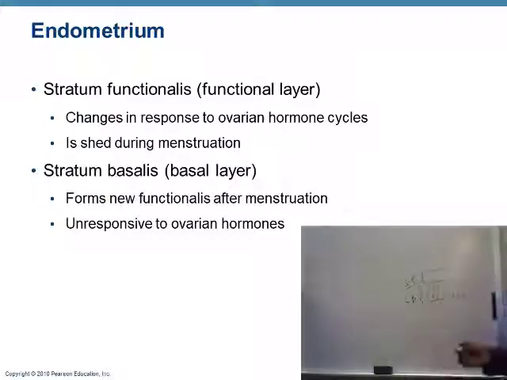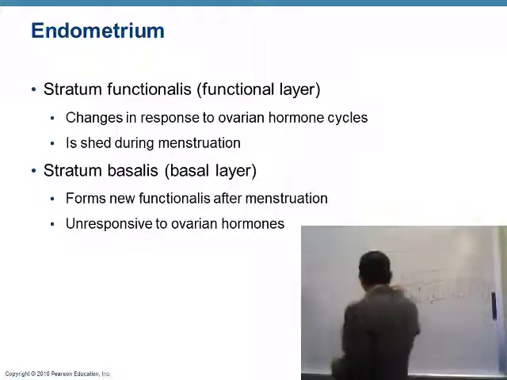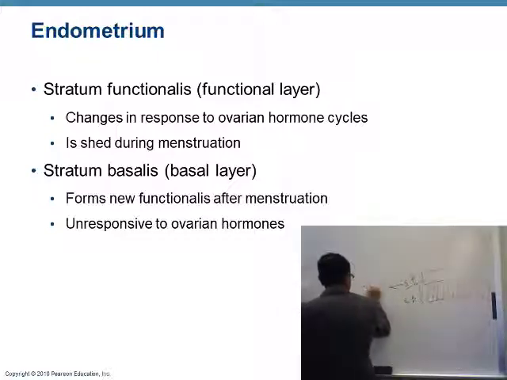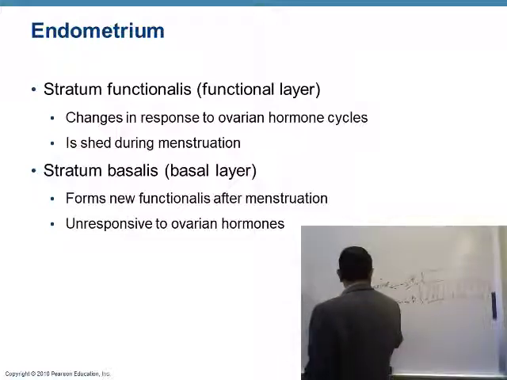Stratum functionalis, or functional layer, is not fixed. It is changing. And the stratum basalis is fixed, it will not change.